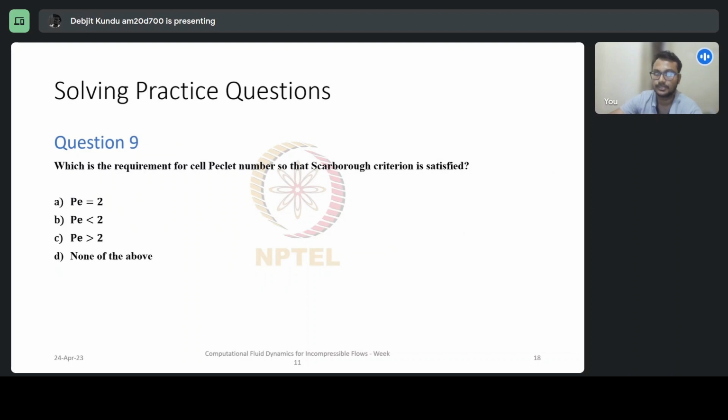Is it option A, Peclet number equal to 2? Option B, Peclet number less than 2? Option C, Peclet number greater than 2? Or is it option D, none of the above? Read the question carefully and try to figure out the correct solution.